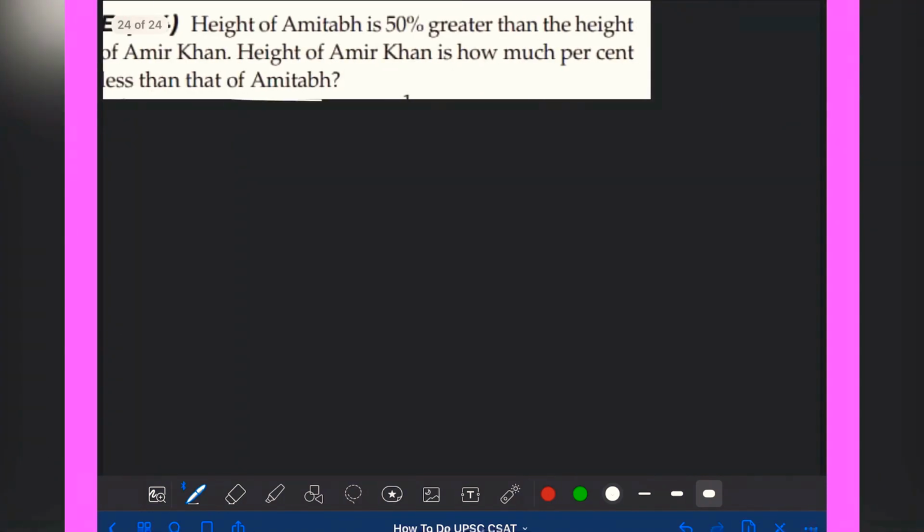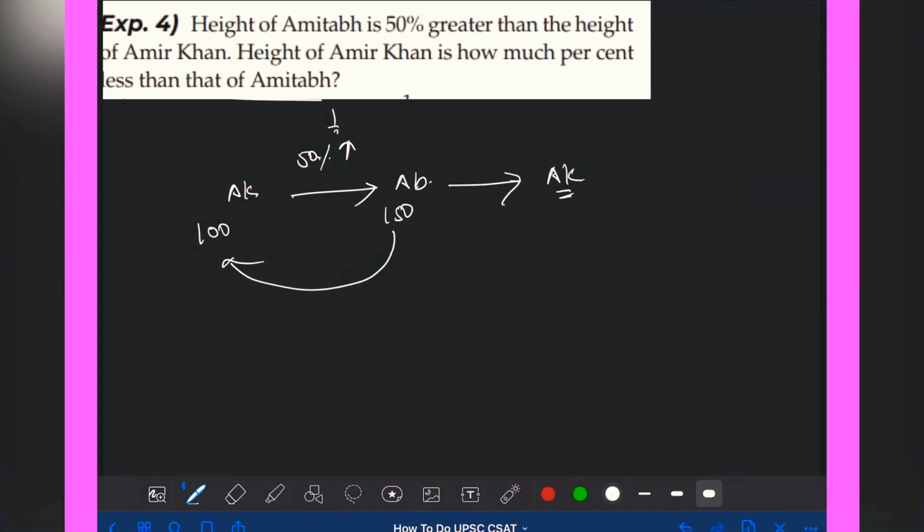The height of Amitabh Bachchan is 50% greater than the height of Amir Khan. The height of Amir Khan is how much percentage less than that of Amitabh? Again, going back to the original. So if we assume this is 100, 50% increase means 150. Now it is asking how much percentage less than that of Amitabh Bachchan. 1 by 2 increase.